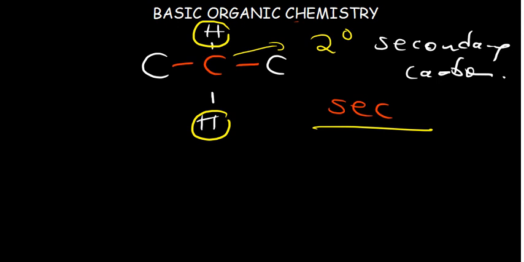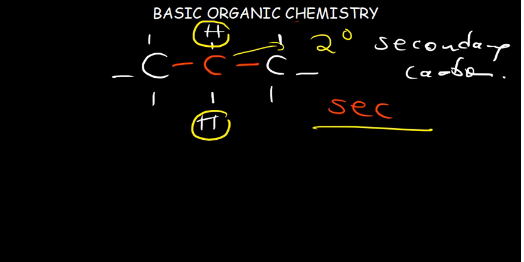An example is a case where you have three carbons with all single bonds, which implies an alkane, and an alkane with three carbon atoms is named propane. So you have propane there.